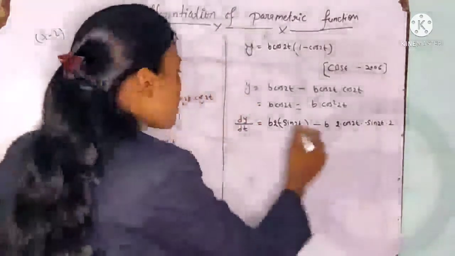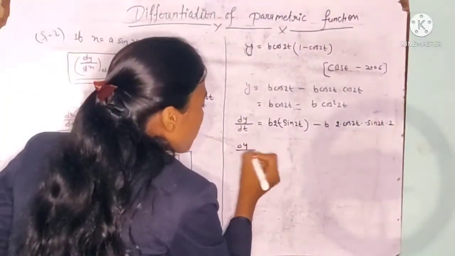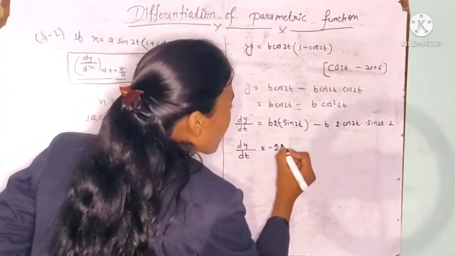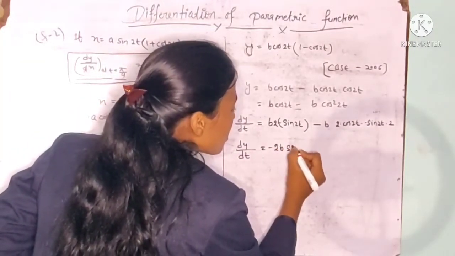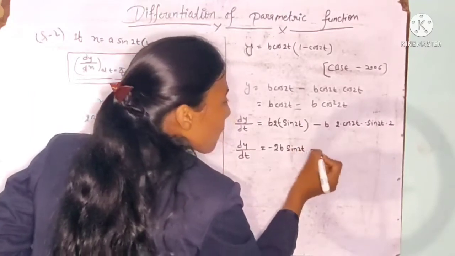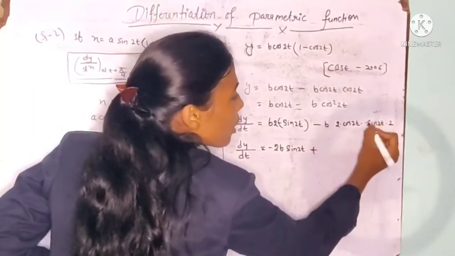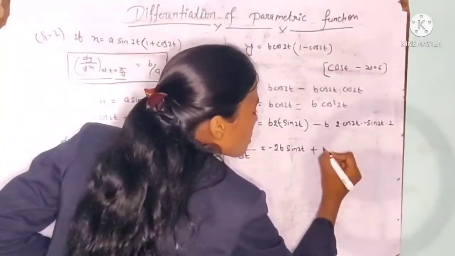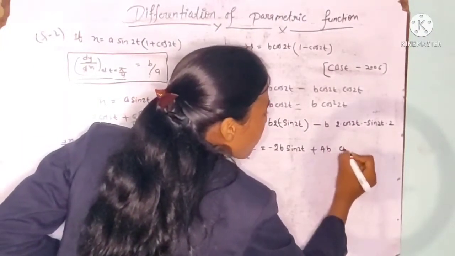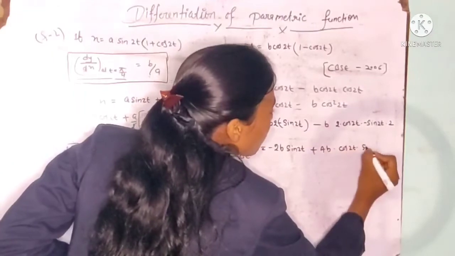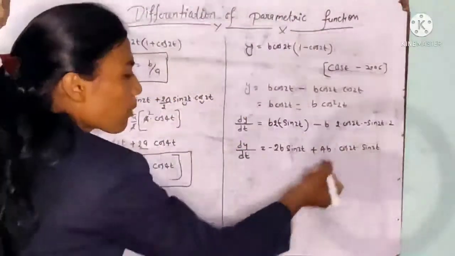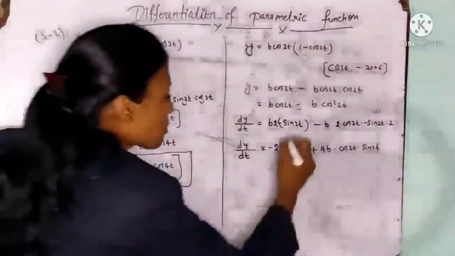Now see, just arrange these functions. dy upon dt is equal to minus 2b sine of 2t, minus minus we get plus, because already we have minus here. Now 2 into 2 is 4b into cos 2t into sine of 2t. Now if possible we take common, if impossible we leave it.